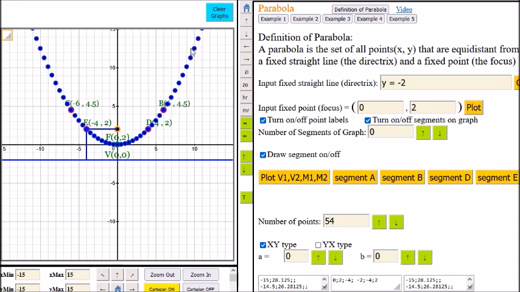So we pick any point, let's take this point: the distance from this point to the focus is the same as the distance from this point to the directrix. And now if we connect all these points together, then we have a parabola that opens up.